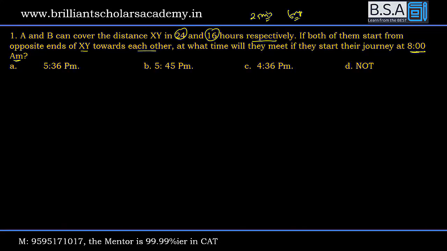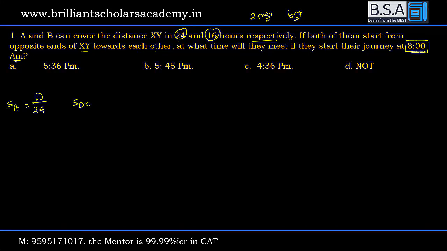There are two standard ways to solve this. One is equations approach. Other is assumption method. So here, if you notice, they are both starting at 8 a.m. So I can say total distance being d, speed of A is d upon 24.